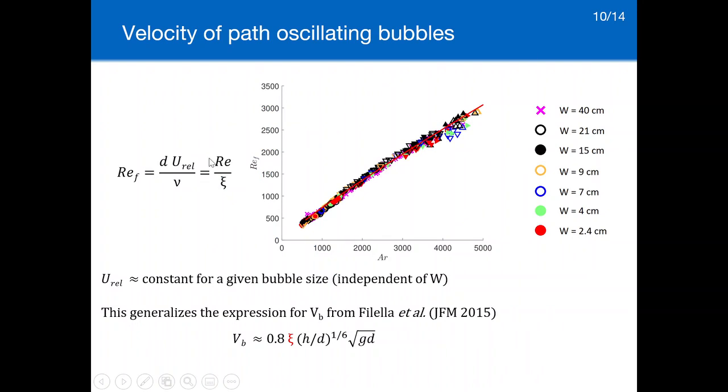If we use the Reynolds number based on the relative velocity between the bubble and the fluid, we can see that this Reynolds number is actually independent of the width of the cell. It only depends on the size of the bubbles. So the relative velocity between the bubble and the fluid is constant, independent of the cell width.